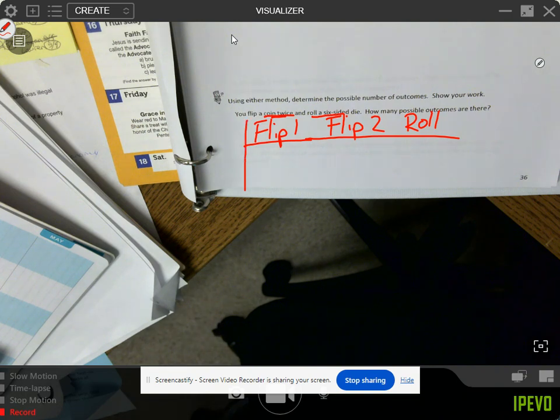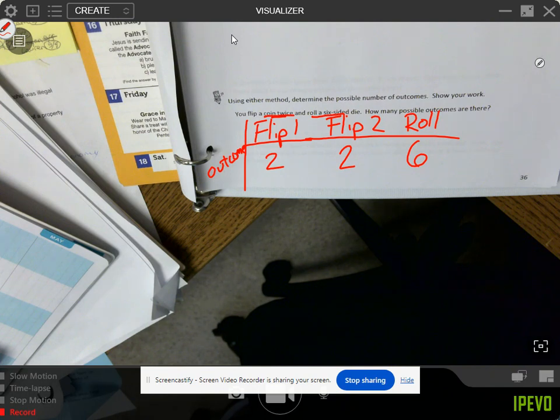Then we need to put how many outcomes for each event. Flipping a coin, how many outcomes are there? 2, heads or tails. We flip a coin again, how many outcomes are there? 2, heads or tails. We roll a 6-sided die, how many outcomes? 6, there are 6 numbers.